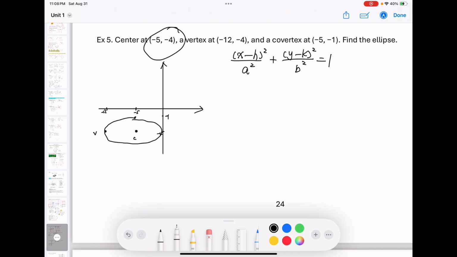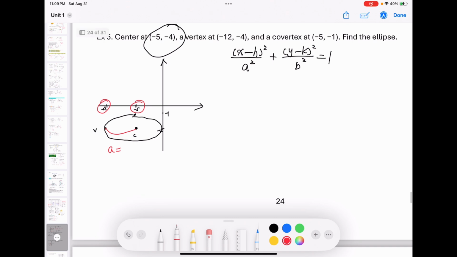And what is the a? A is the distance from the vertex to my center. So for the distance A, you find the difference between negative 12 and negative 5. It doesn't matter which one goes first, but you should use the big number minus the small number.